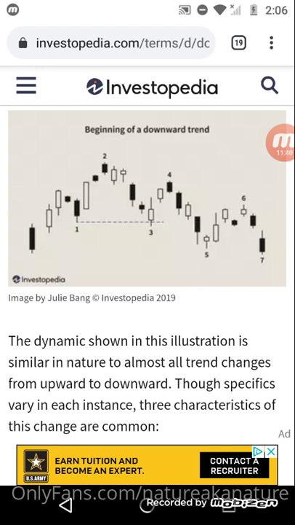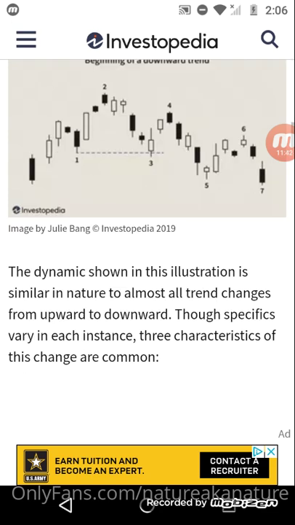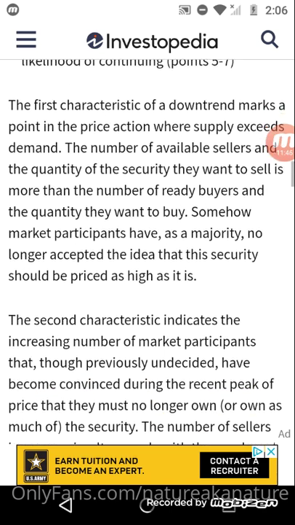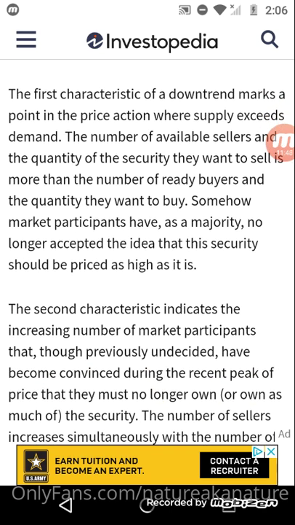The first characteristic of a downtrend marks the point in the price action where supply exceeds demand. The number of available sellers that want to sell the security is more than the number of ready buyers that want to buy. Somehow, a majority of market participants no longer accept the idea that the security should be priced as high as it is.